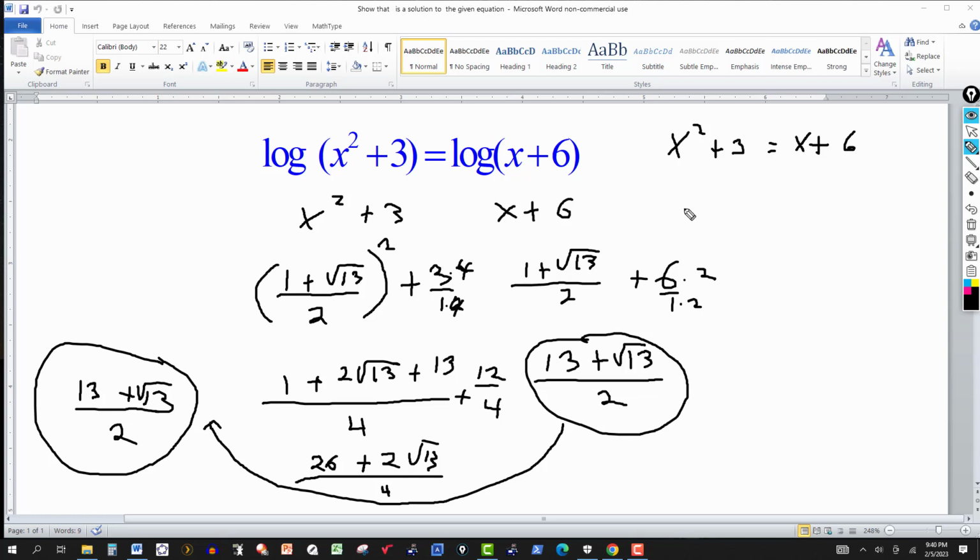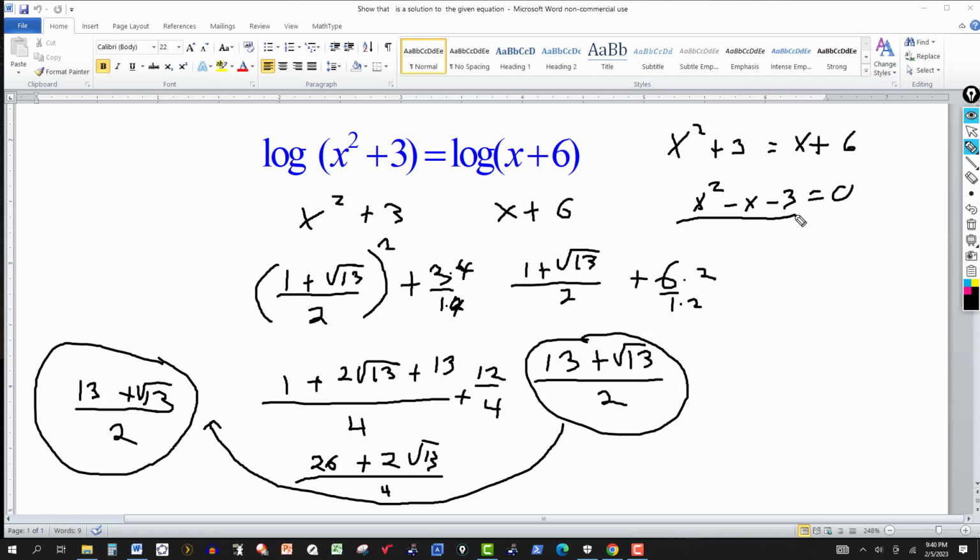Bring everything to one side, so this will be x squared minus x. Bring the x over, bring the 6 over, minus 6. 3 and minus 6 is minus 3. We get x squared minus x minus 3 equals 0. And then you would just solve this quadratic.